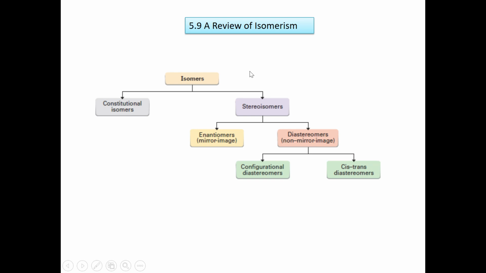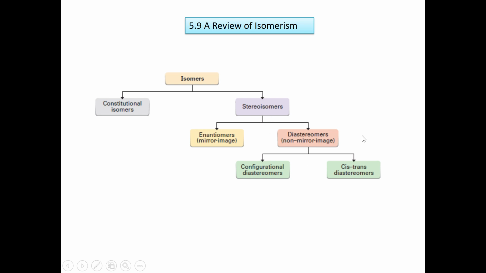If the bonding is the same, then we have stereoisomers. That could be enantiomers if one compound is the mirror image of the other, but they are not superimposable.